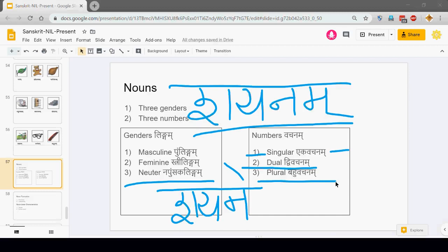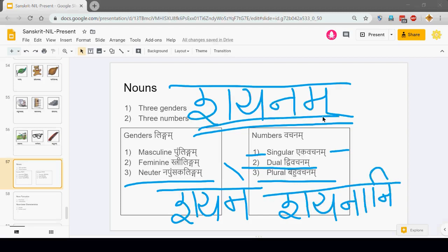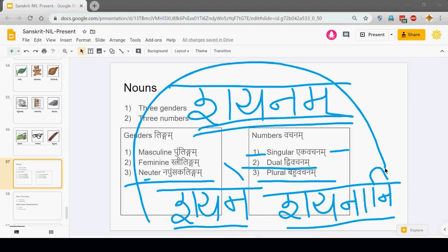And if there are more than two, the form is different again: Shayanani. So one bed shayanam, two beds shayane, more than two shayanani. But again the gender remains neuter everywhere.